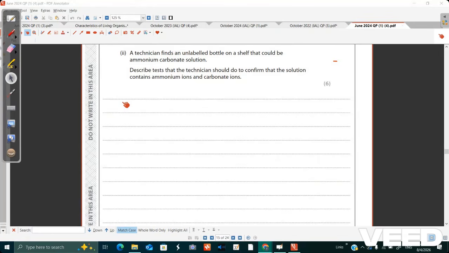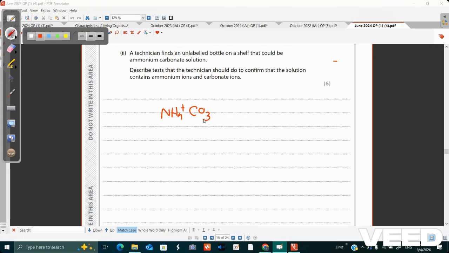Right? So, ammonium and carbonate means NH4+ and CO3 2 minus. With this you can actually release what? Ammonia gas.